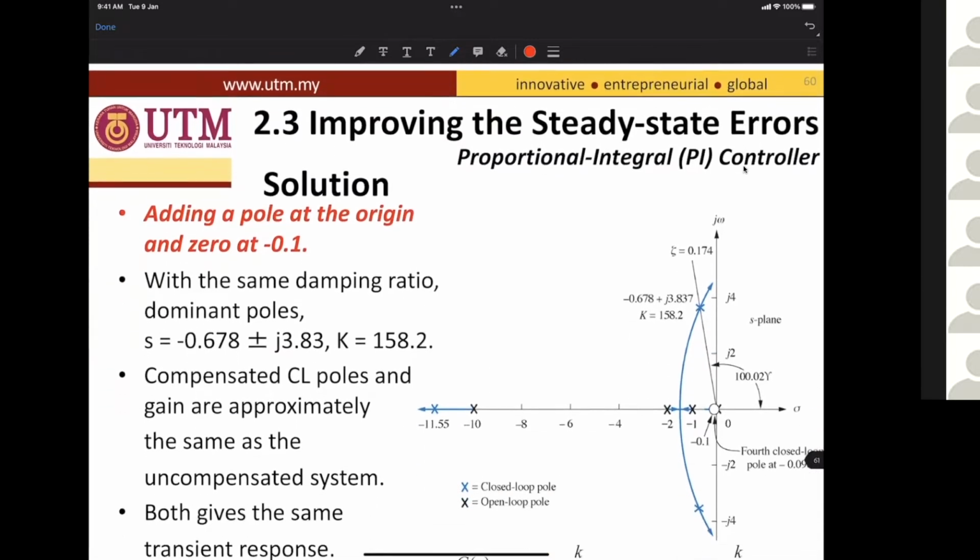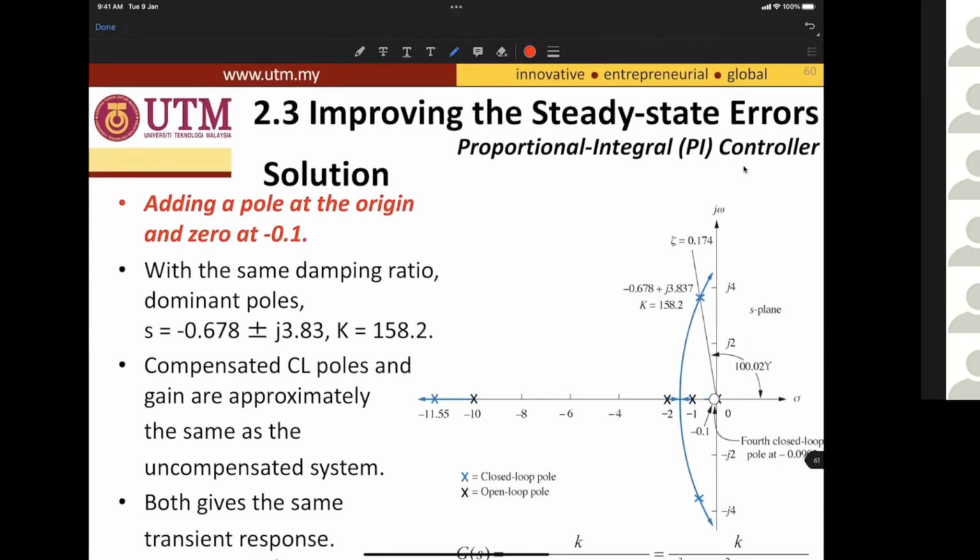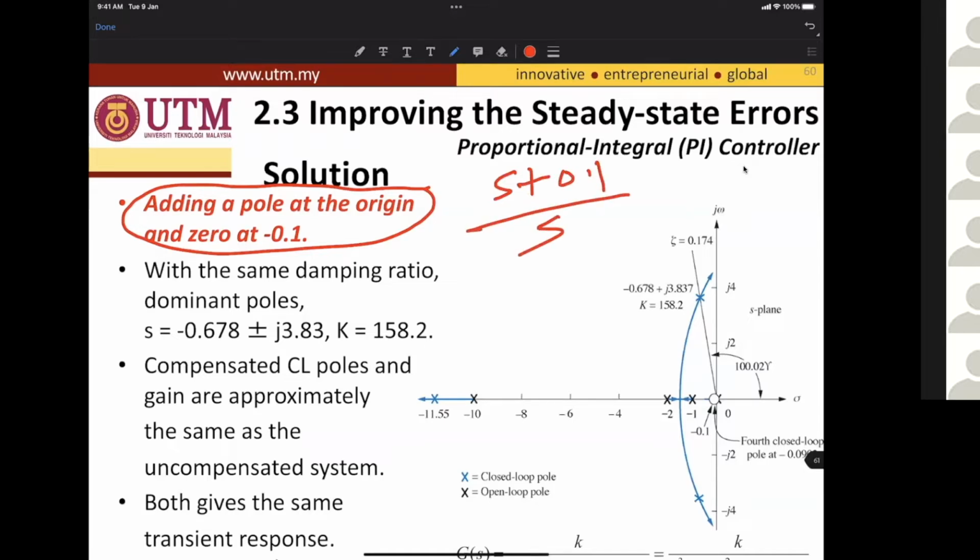Okay, by adding a pole at the origin and 0 at minus 0.1, meaning that this sentence is S plus 0.1 over S. Itu makna ayat tu. Adding a pole at the origin and 0 at minus 0.1. Okay.